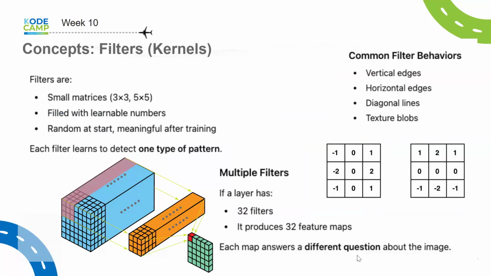Now, I just said something about a filter being a stack, right? But you can see that you can have multiple filters. Oh, by the way, I made the mistake of saying this is a kernel. This is not. This is a single feature map. This is a single output from a single filter.